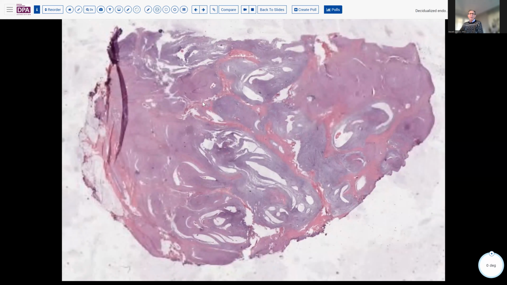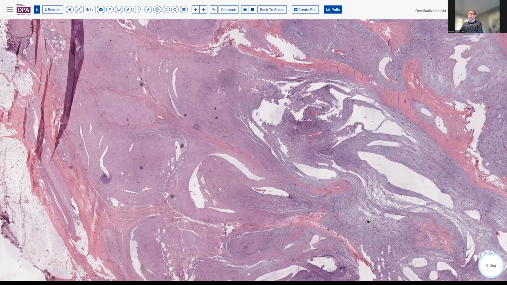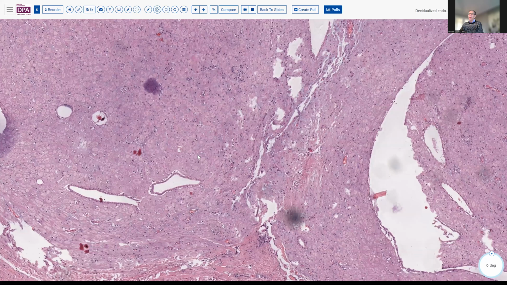Now, treatment for this often involves some measure of hormonal manipulation, and that can be effective in some circumstances, but it can also produce its own sort of response. So here's a patient who was on birth control pills, and the glandular spaces are quite minimalized here. You can see these very atrophic glandular spaces, but surrounding the glands is this very florid decidual reaction due to the progestational component of the medication that she was taking.